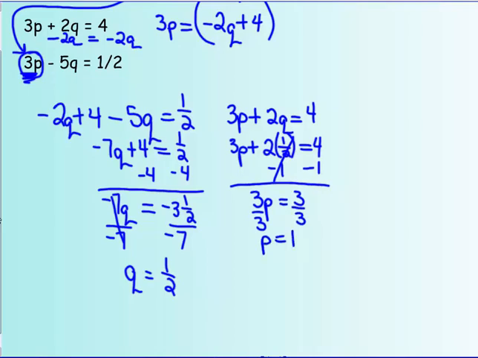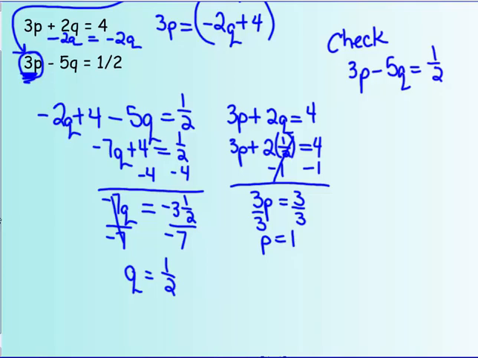Hopefully I haven't made any integer or computational errors, so I'm going to check p and q in the second equation here. Here's a check. 3p minus 5q equals 1/2.